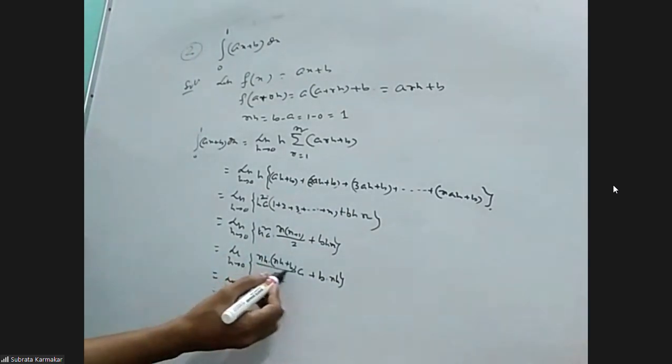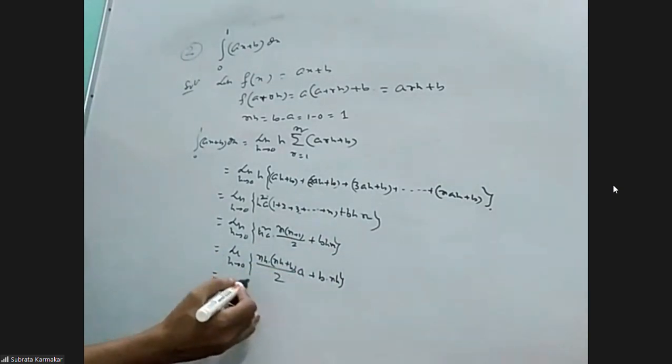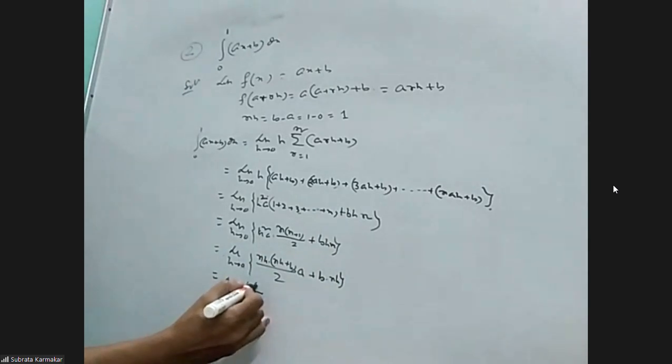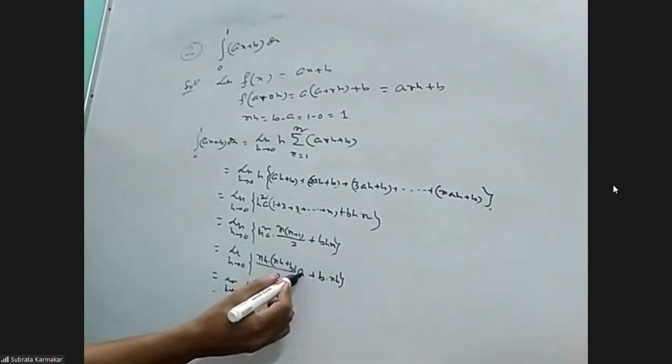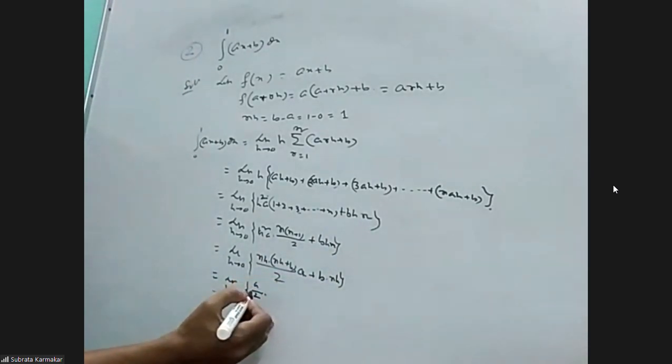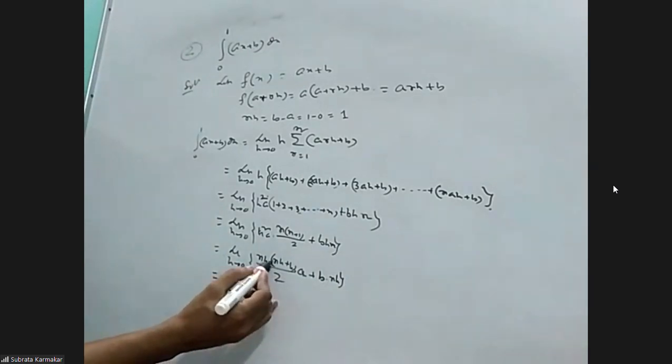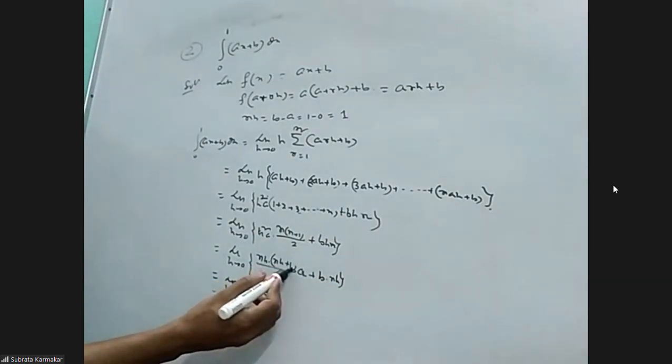Once you put the value, you get a by 2 into, with a a constant, a by 2 into 1 plus h, where h equals 0.